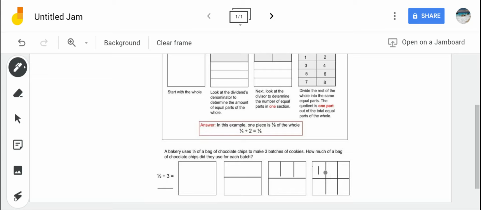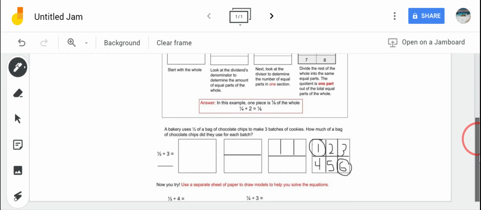So now I have 1, 2, 3, 4, 5, 6 equal parts. I know that the quotient is 1 part out of the total equal parts. So I have 6 equal parts. It's 1 part out of that. So my answer is 1/6.